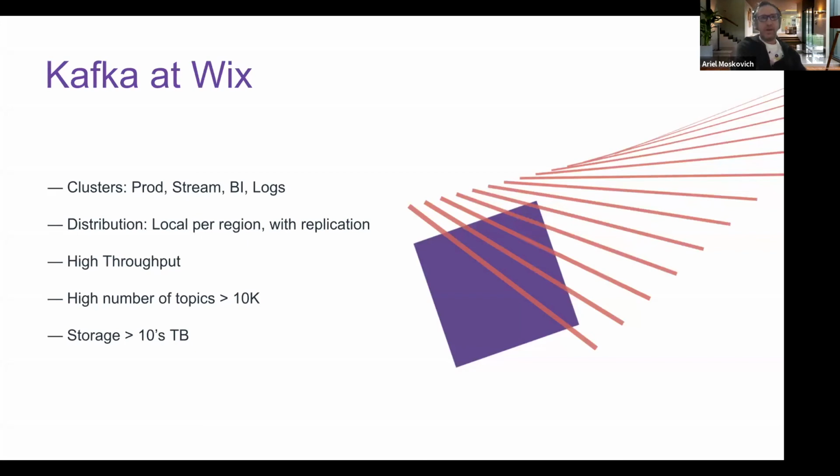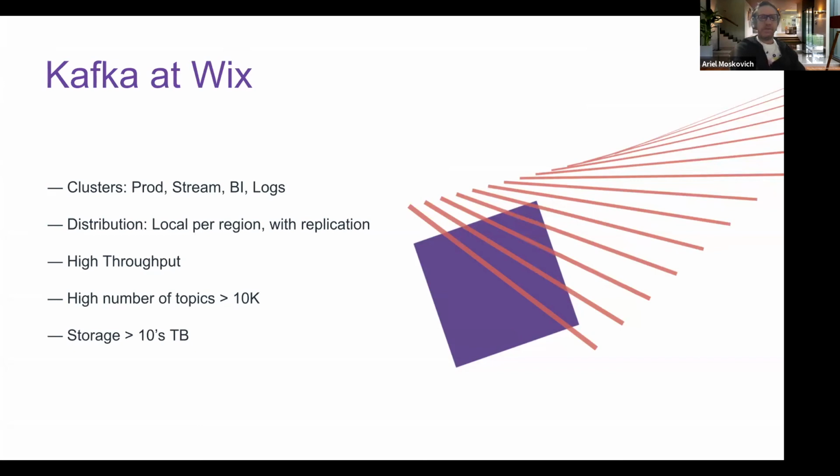So at Wix, we have several types of clusters. First, we have our production cluster, which we are producing to and consuming from locally in each of our regions. Those clusters are running at high throughputs and have a lot of topics, around 15K, and tens of terabytes of storage. If we include the other flavors, we probably get into hundreds of terabytes.